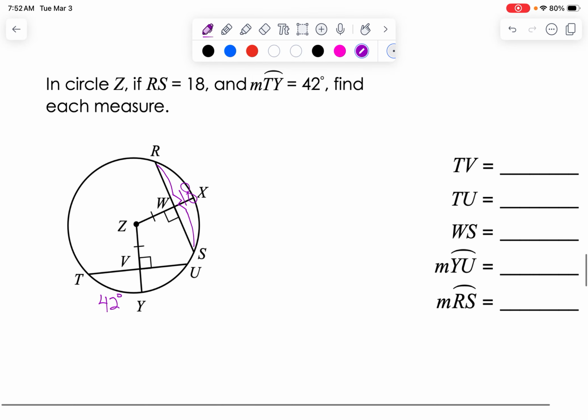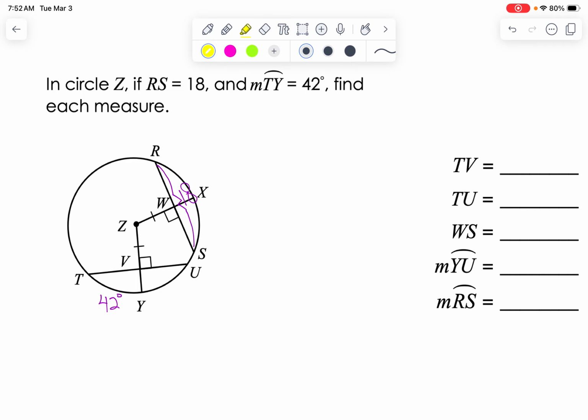Okay. Now, I notice a couple of things here. So this segment right here is perpendicular to the radius right here. Okay? So if it's perpendicular, then we know a couple of things. Then it bisects the chord and its arc.